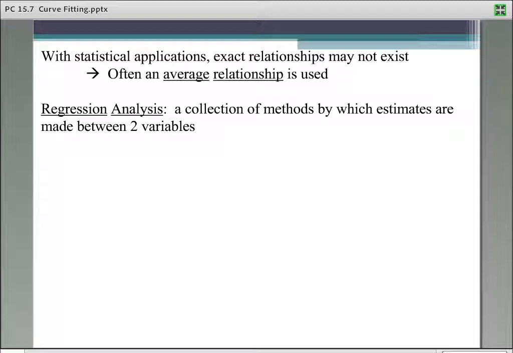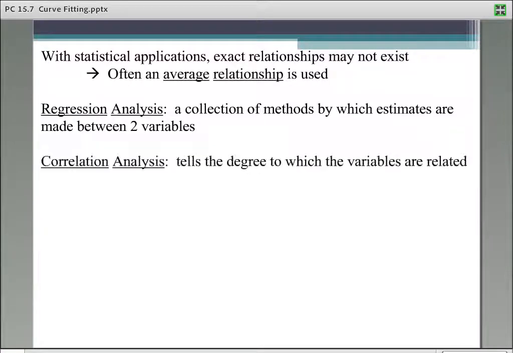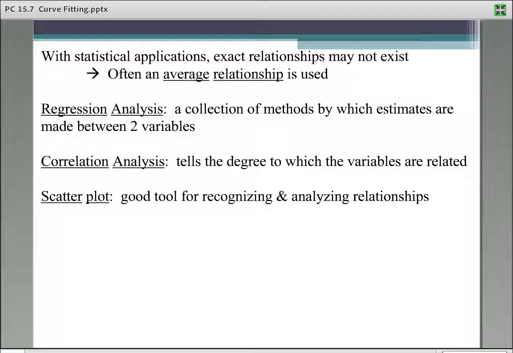We've got correlation analysis, which tells us the degree to which the variables are related. And we've got a scatter plot, which is a good tool for recognizing and analyzing relationships.